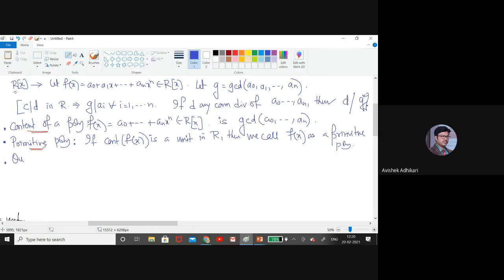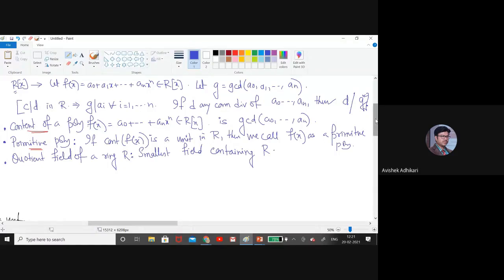I have already explained it, but I am giving you the idea again. The quotient field of a ring R is nothing but the smallest field containing R. Of course, if you consider any ring, it may not happen.